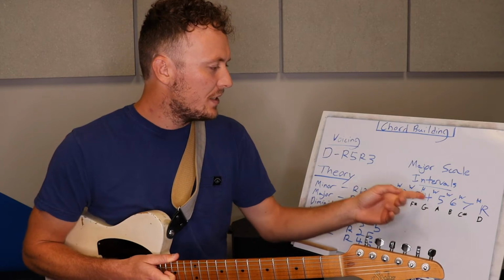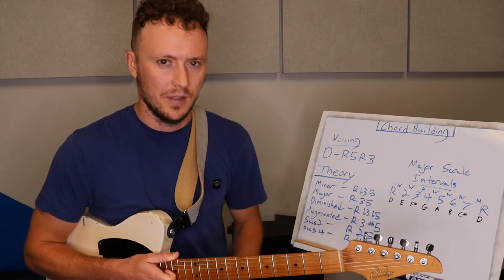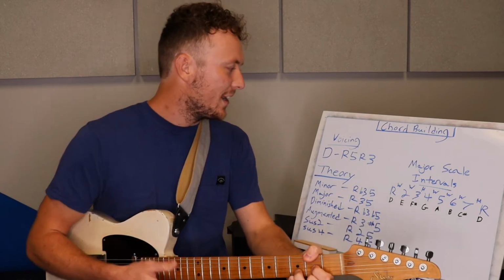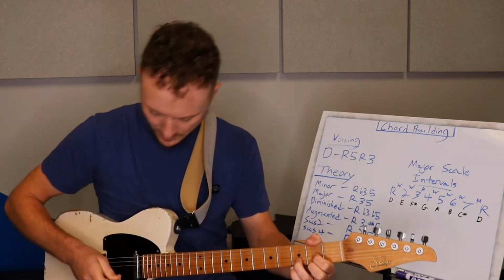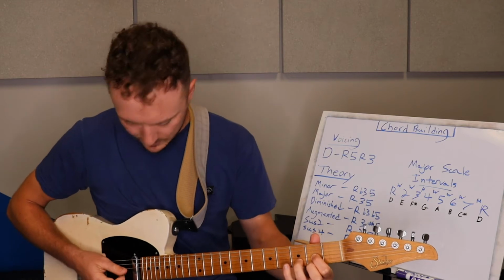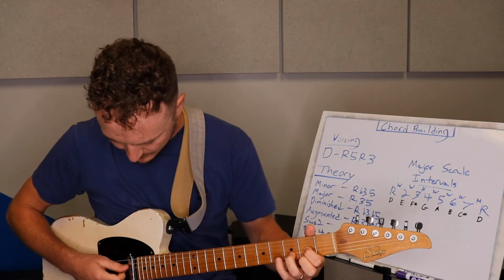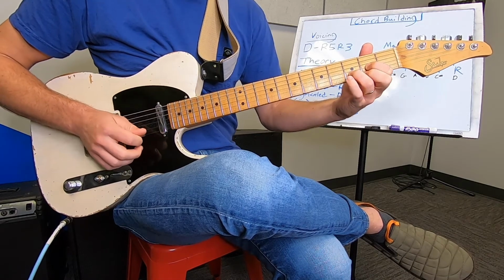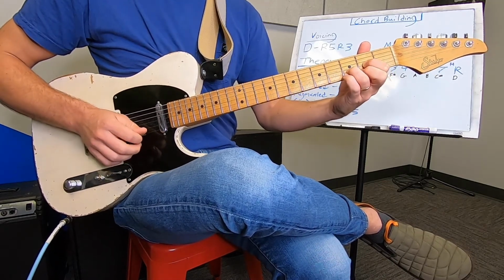Okay, from a 3 to a 4 is a half step. Okay, that's pretty simple. All right, now what do we do? We identify where our 3rd is. It's on the 1st string, again, like it's always been. All right, so we're taking that note and we're moving it up a half step to make it a 4.